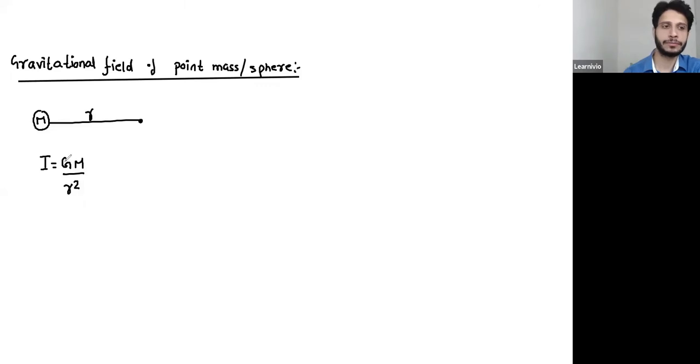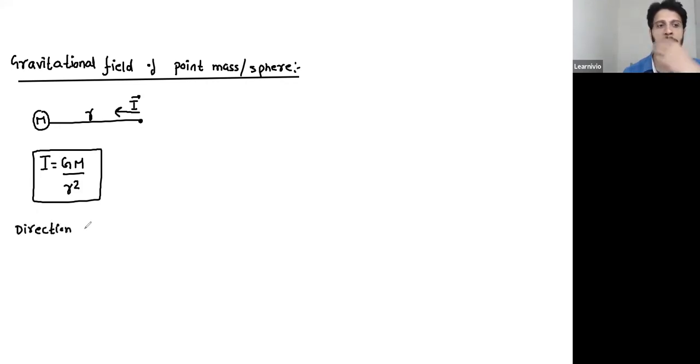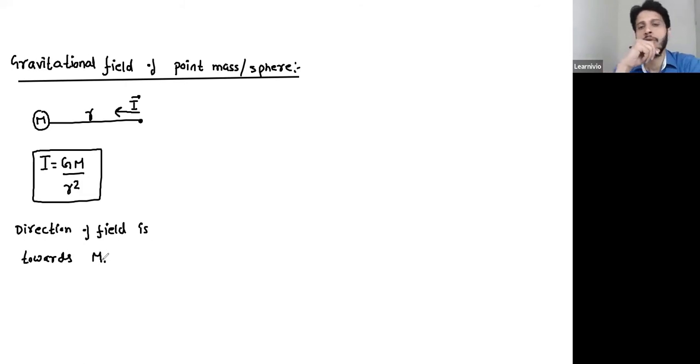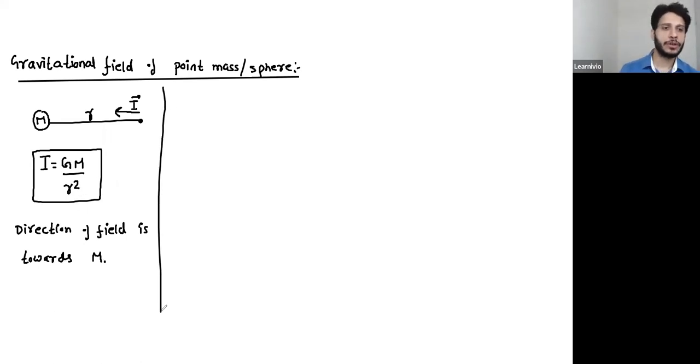The direction of field is always towards the mass. So if you have a mass capital M, then the field due to this capital M is towards capital M, which is I equals GM by R square. And the unit is the same.